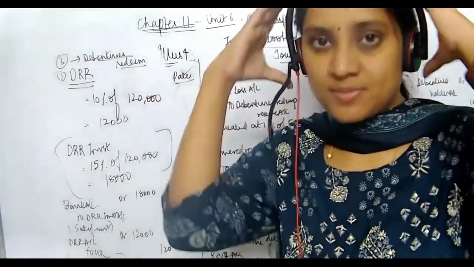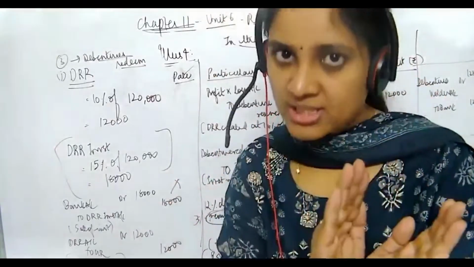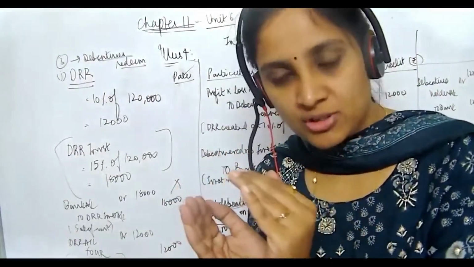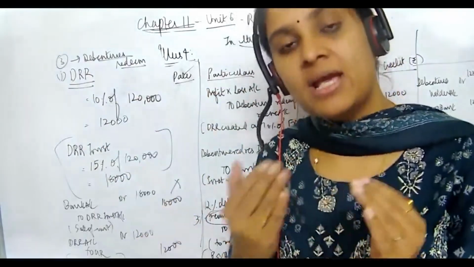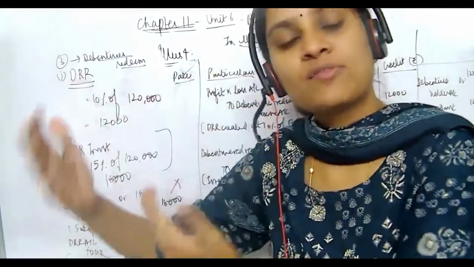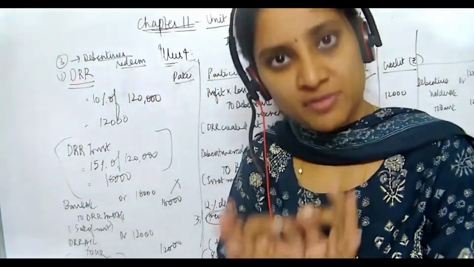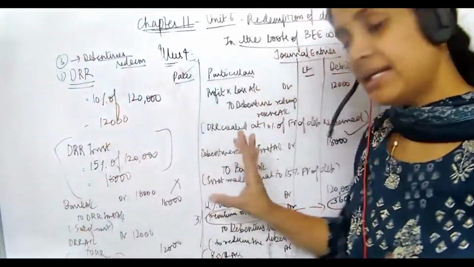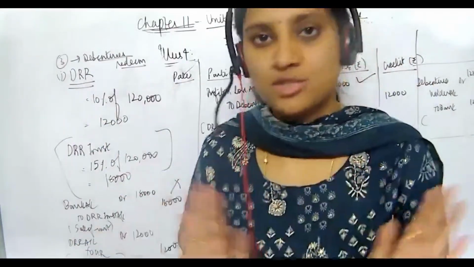Here, similar concepts are followed, but everything is not the same. In preference shares, we issued new equity shares, and a portion was from your undistributed profits, and then we did a combination of both in depth. But compared to the preference shares, this is very easy. You need not compute the number of shares and everything. The simple logic you need to understand in case of redemption of debentures is the creation of these two. This is very important. The entry is the same as in the preference shares. The sources, every time, are not the same.